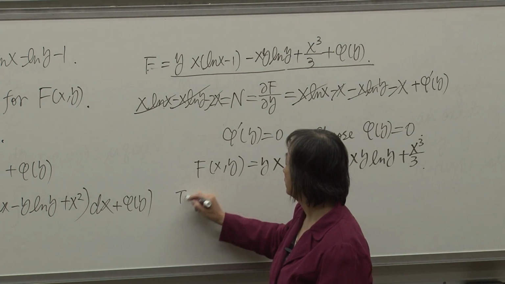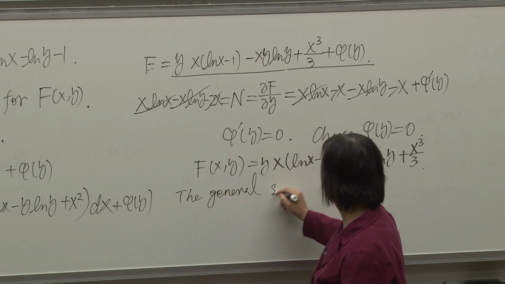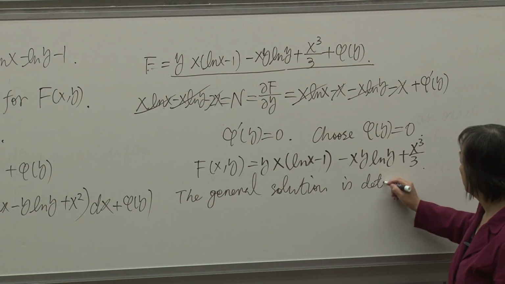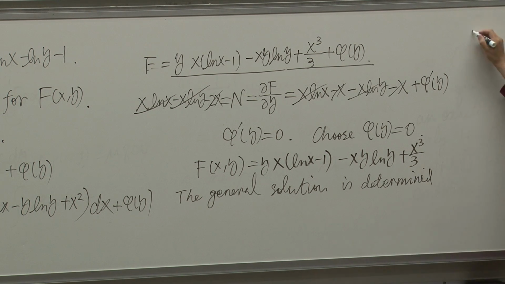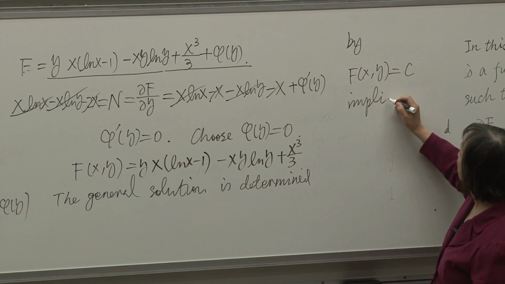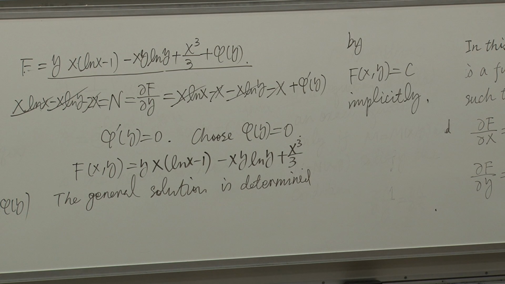The general solution is determined by the equation f of x, y equal to a constant C implicitly. It's impossible to solve for y in this case.